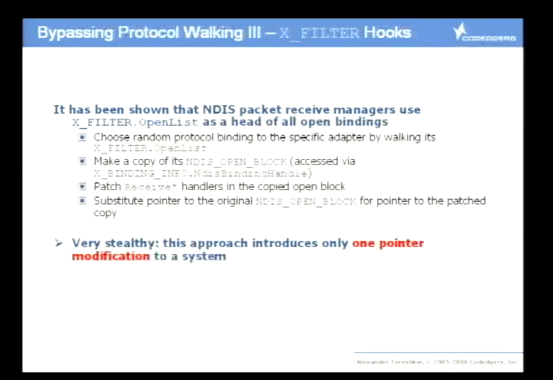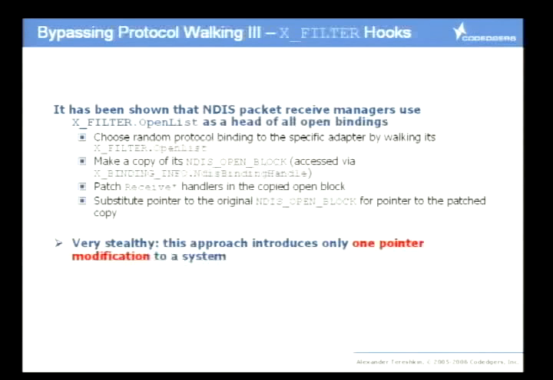We will choose a random protocol binding to the specific adapter by walking its open list links. Then we will make a copy of the NDIS open block which we chose randomly, and then we will patch all needed handlers in this open block and substitute the pointer to the original in the open block for the pointer to the patched copy.